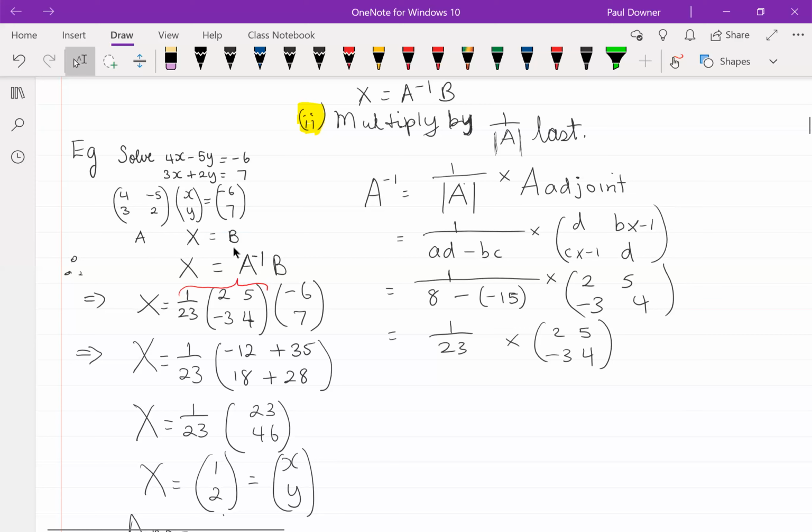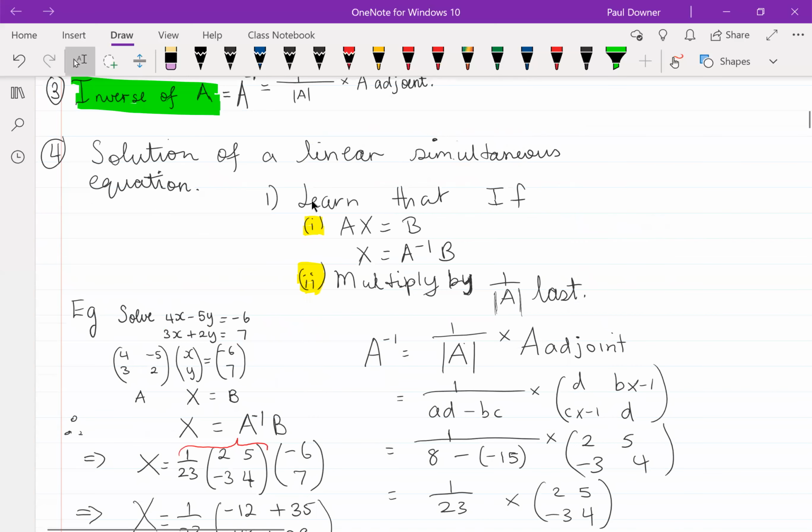And we go back to our previous knowledge. Well, of course, if this is A times X equal to B, and we have to find x and y, which is the aim when we solve a simultaneous equation, then we have to solve this equation for X. I just mentioned to you that one of the additional things you need to learn besides the first 3 is this relationship here.